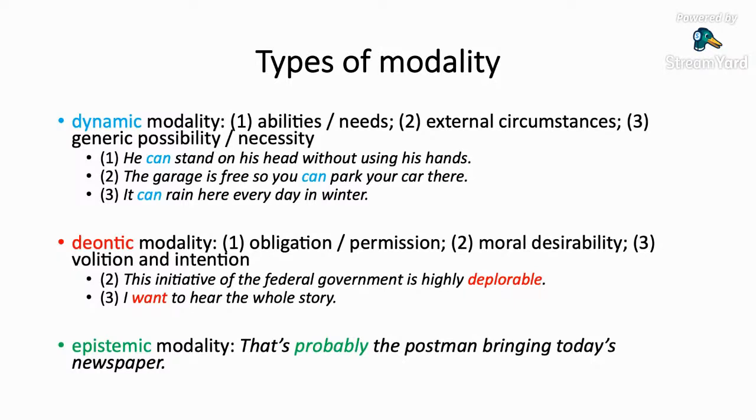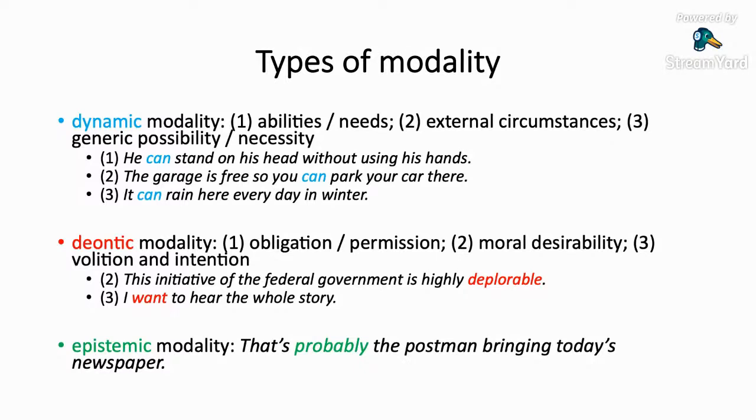Deontic modality is about obligation and permission. For example, when you have orders, you have deontic modality. But it can also be about the moral desirability of a state of affairs. For example, in example 2, this initiative of the federal government is highly deplorable.